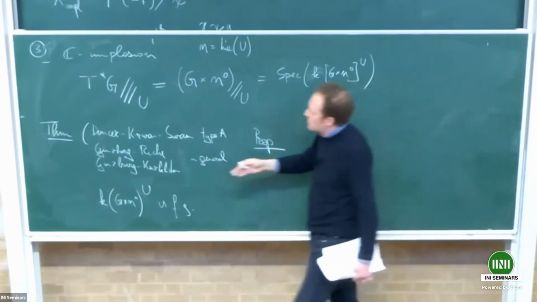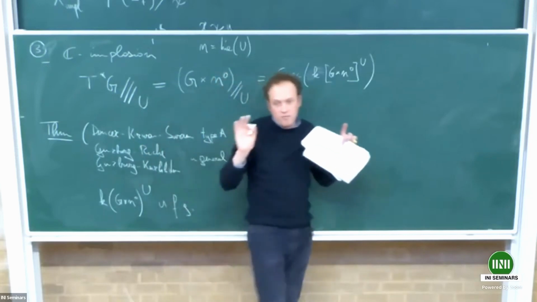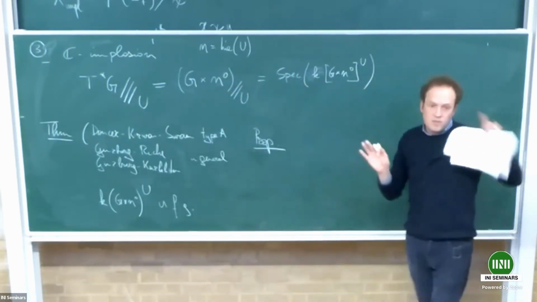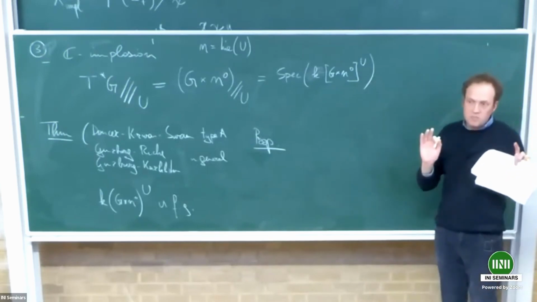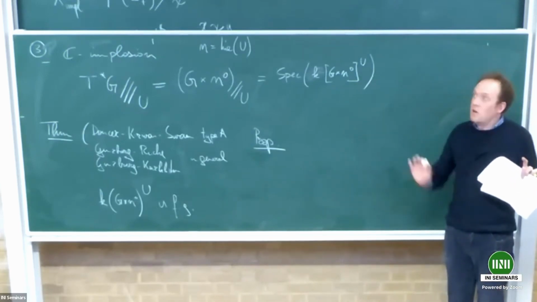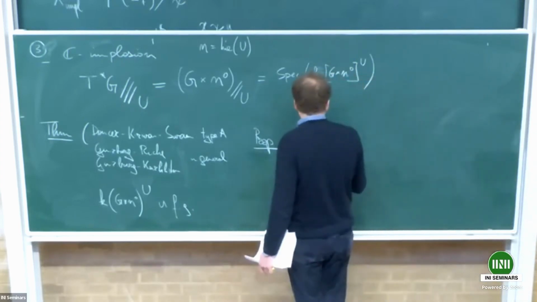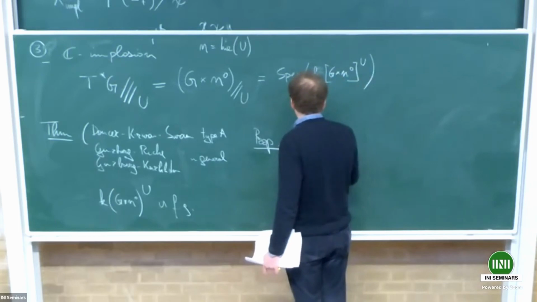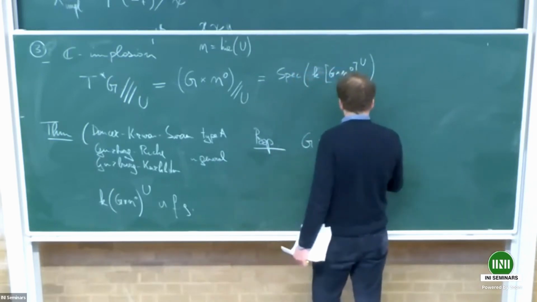So what you're expecting here is that on this universal implosion, you have the group times an extra copy of the maximal torus that is active. But actually, there's something more that was not showing up on the real symplectic or the algebraic side, which is that there's actually an extra action of the Weyl group that is present.